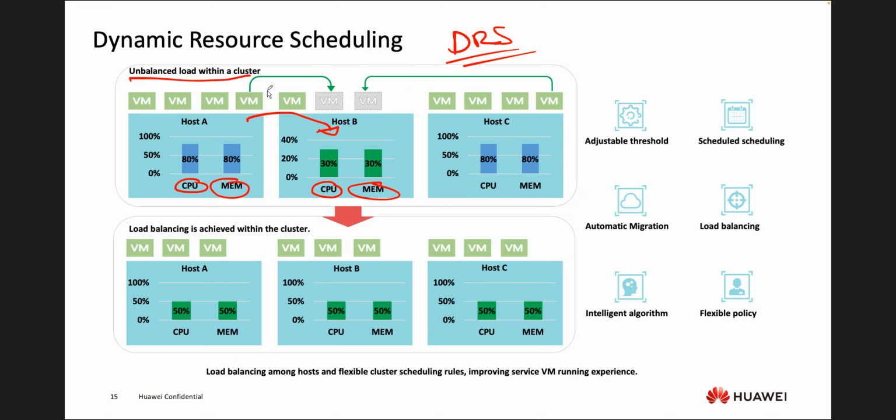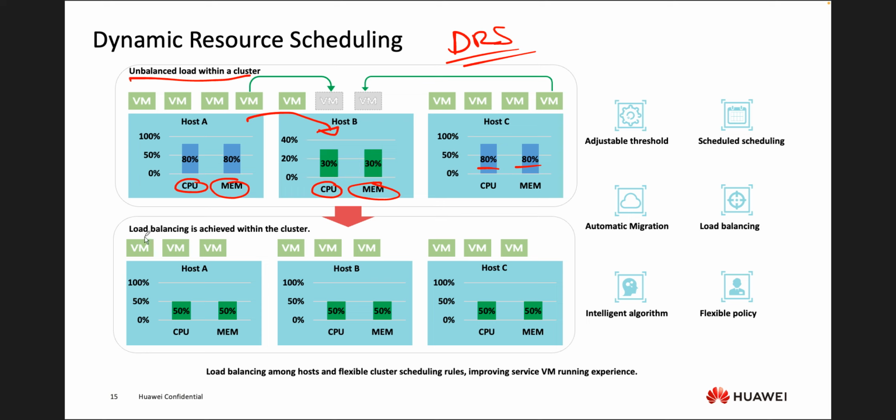This is where we just have an unbalanced VM load, so we move VMs to give resources so it at least gets to 40% or even 50%, depending on what type of VM is needed for the CPU and memory. This is what really happens on FusionCompute. It does this whole dynamic resource scheduling. So this one is at 80%, so it's not going to use that side, but it's going to use this host because it has available resources and is unutilized, right? So that's what you see here.